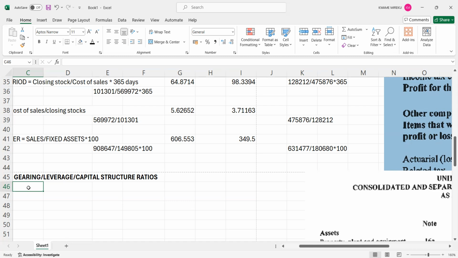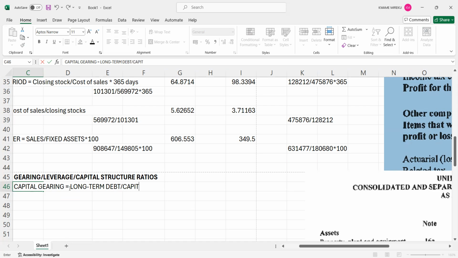First, we can do what we call capital gearing. This equals long-term debt over capital employed, times 100. Do you remember capital employed? Yes.